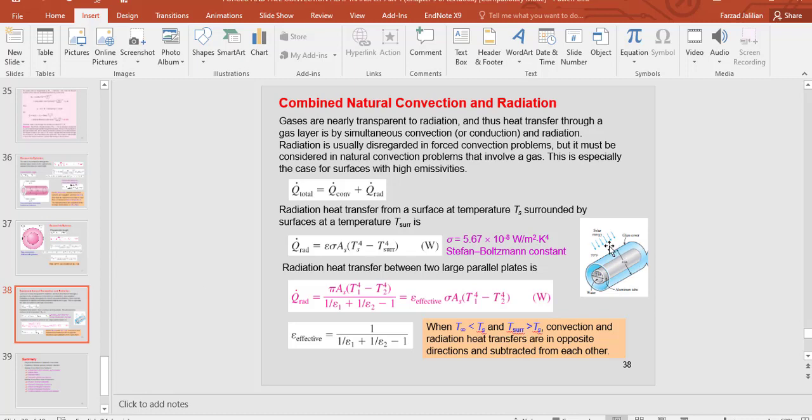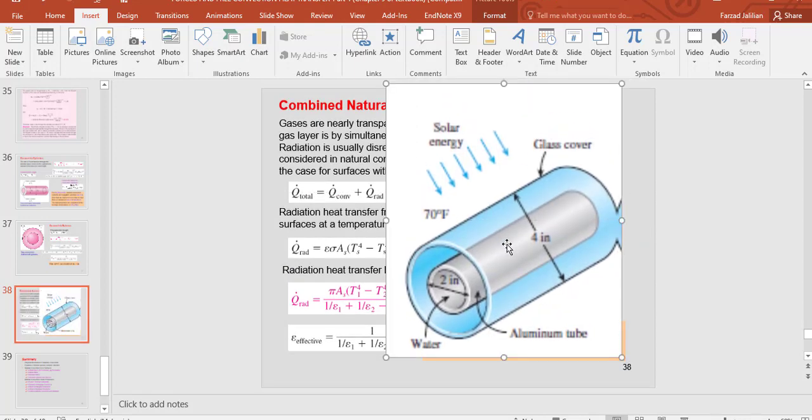As you can see in this figure, let me make it bigger, we have two concentric cylinders, and the outer cylinder is transparent and the inner one is opaque, which is an aluminum tube, and the outer one is a glass cover.